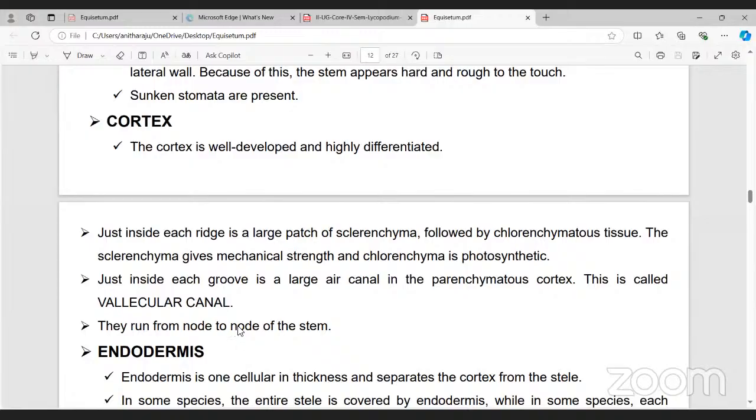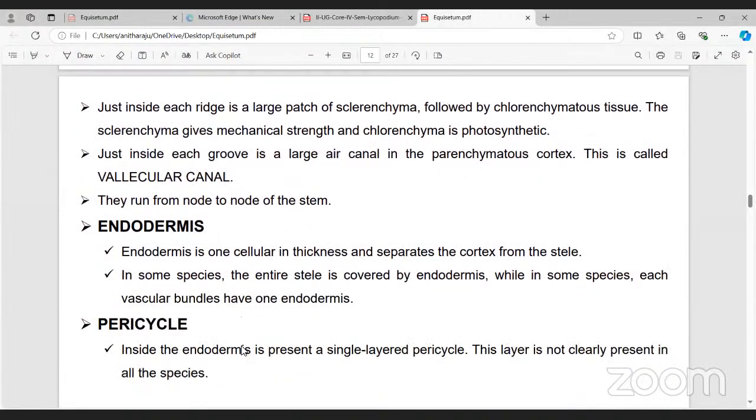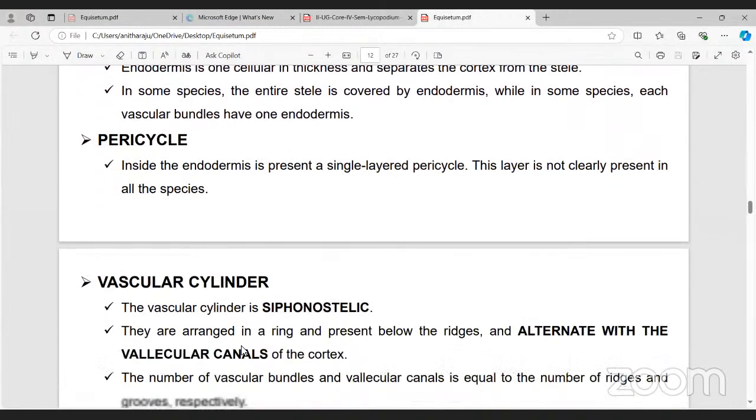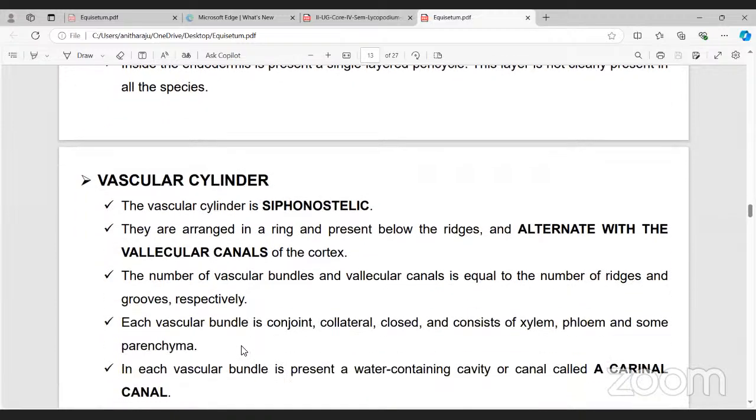Endodermis is a single layer without intercellular space. Pericycle is not an important one.